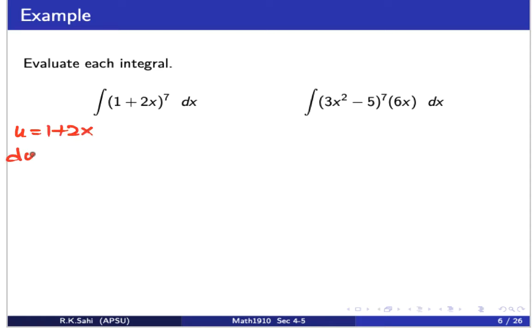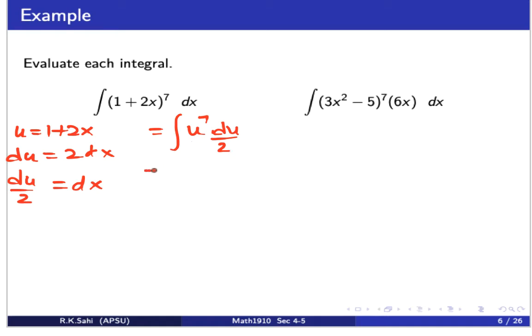Then the next step, find du, which is 2 dx. So when I'm making my changes, I don't have a 2, so I only have a dx. So what I'm going to do, I write du over 2 equals dx. So what does this look like now? This is integral u to the power 7 times du over 2.